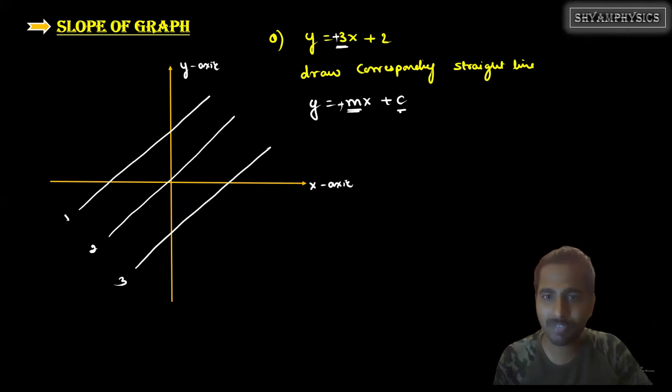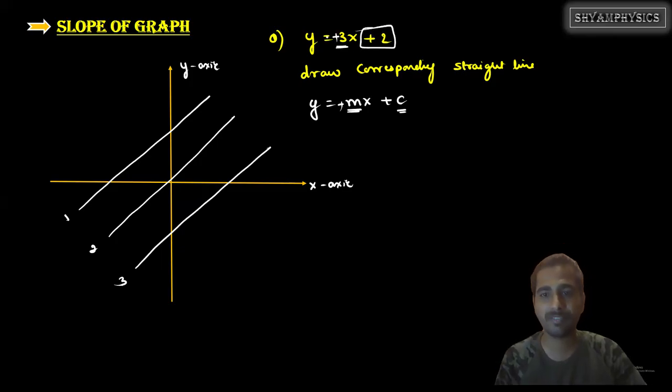Next, coming to the intercept. Here it is positive. Check it out. Intercept means where that line is cutting the y-axis. Now it is cutting at plus 2, so on the y-axis plus 2 will come here. So this one has intercept 0. This line is wrong. This line is also wrong.